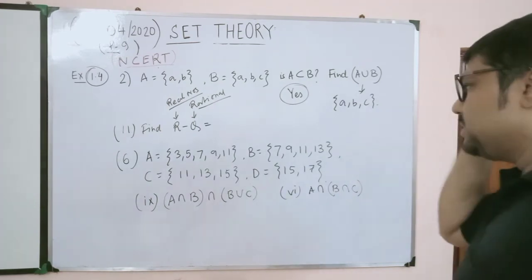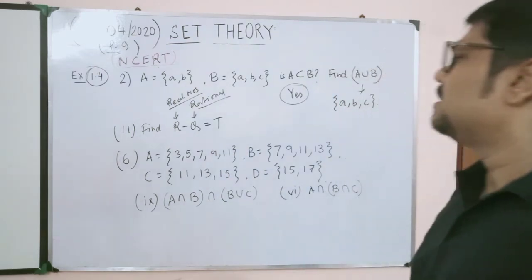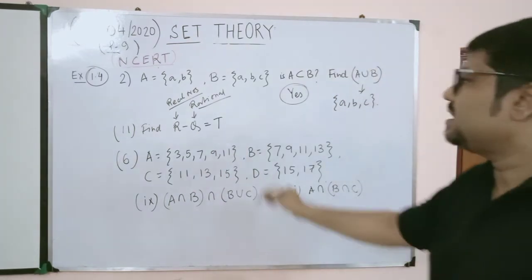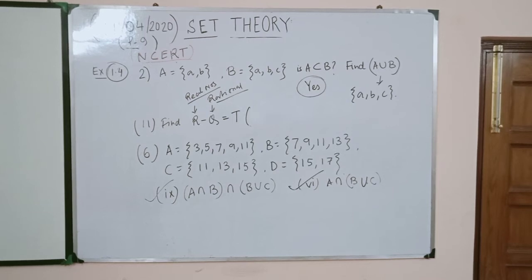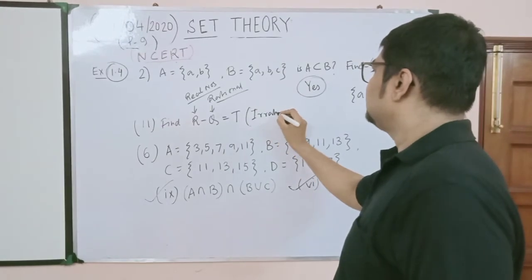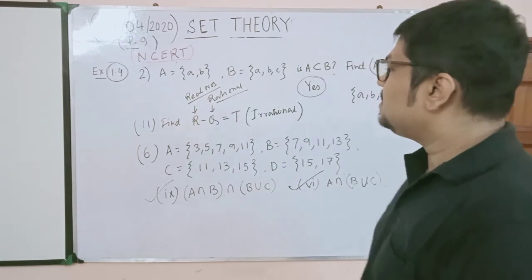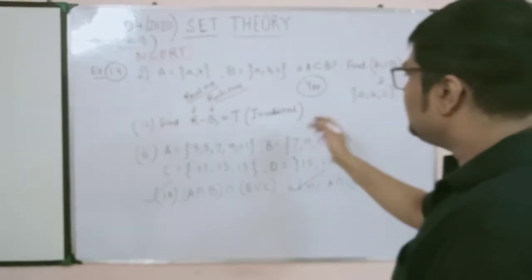Irrational numbers. So there is a symbol, you can write T over here. T denotes that it's an irrational number. Real minus rational will be irrational over here.